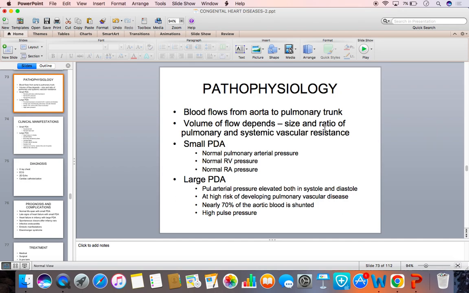There is high pulse pressure because of the aortic runoff.